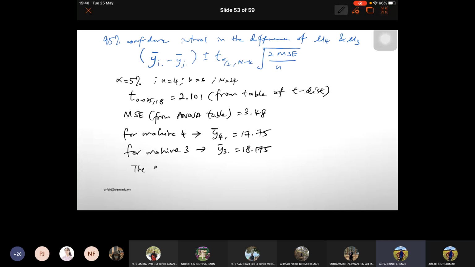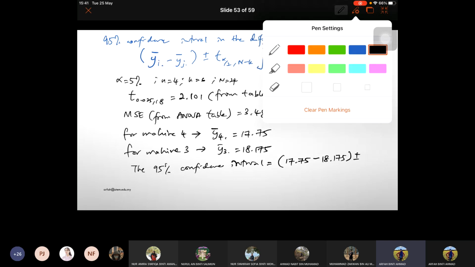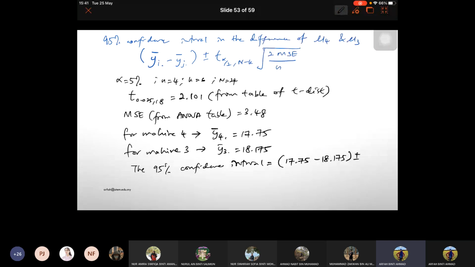So the 95% confidence interval akan sama dengan 17.75 tolak 18.175 plus minus. Okay. Dia kena tolakkan siap-siap dekat depan. Plus minus 2.101 set. Tak muat dah.